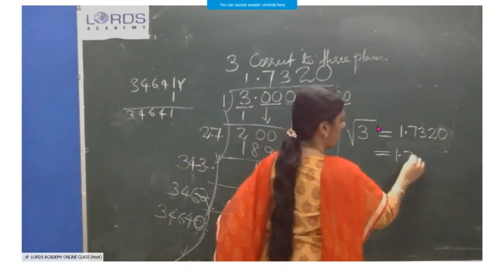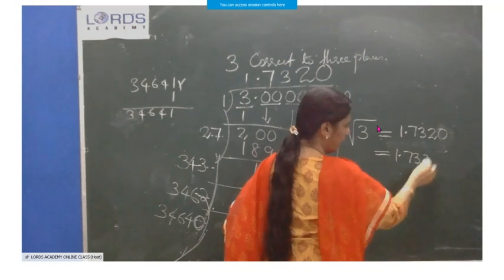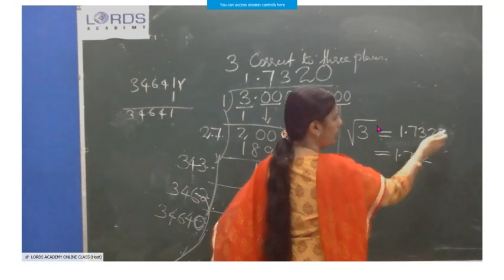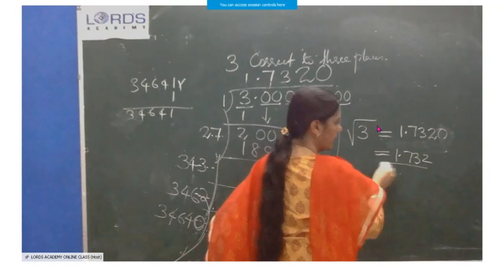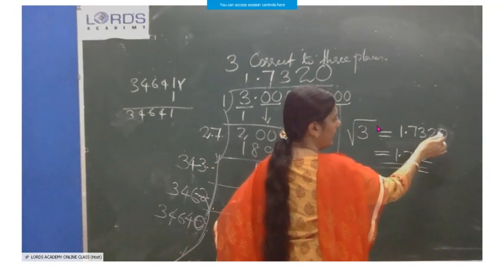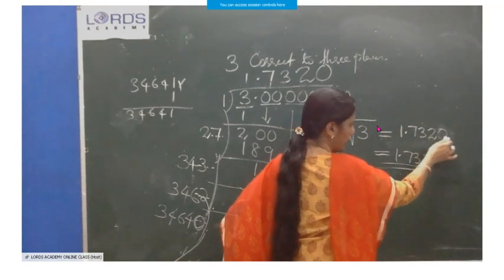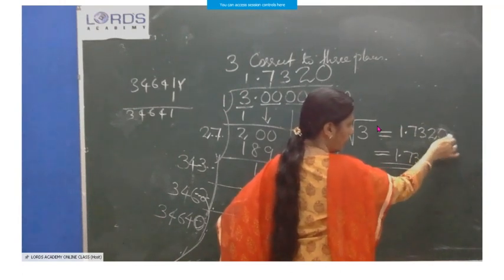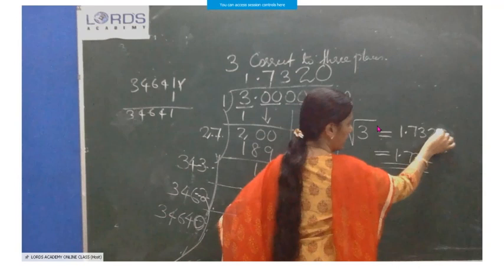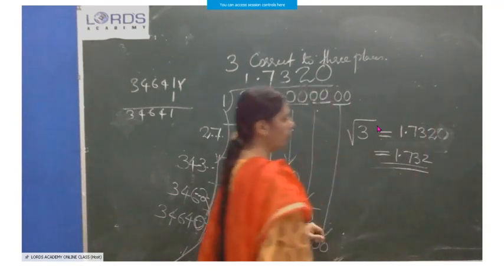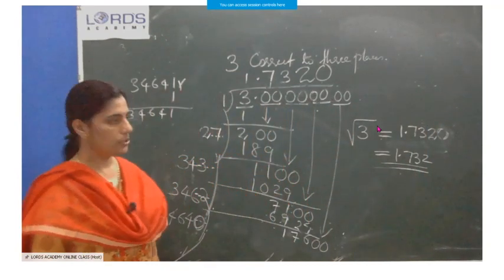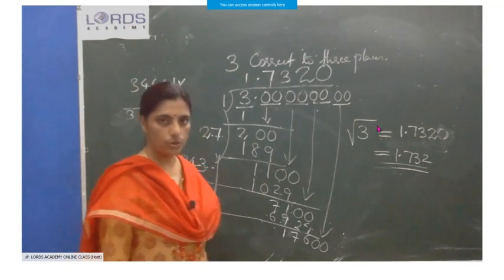So 1.732. If 0 is at the 4th place, simply remove it. Nothing will happen to the previous number; that happens only when the 4th digit is more than 5. So root 3 equals 1.732.